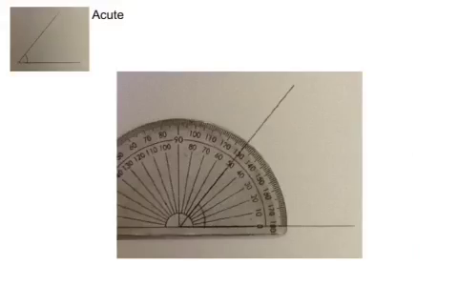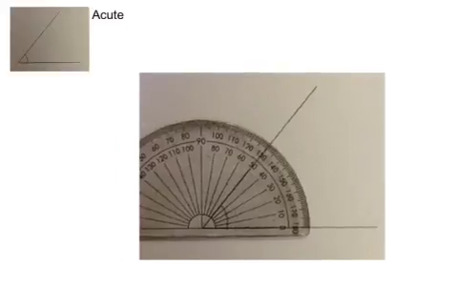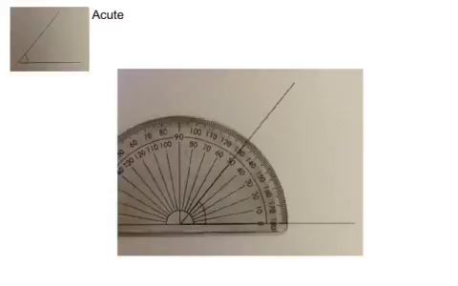So let's see how to measure these angles, because we can tell what type they are usually by looking at them, but we use a protractor to help us measure them. The first thing on the protractor is it has a baseline. You'll see just along the bottom here, we have a baseline. And we make sure that that line is along one of the lines of our angle.